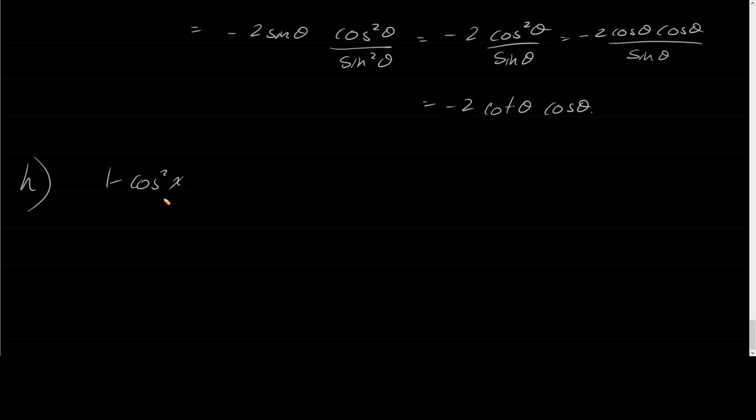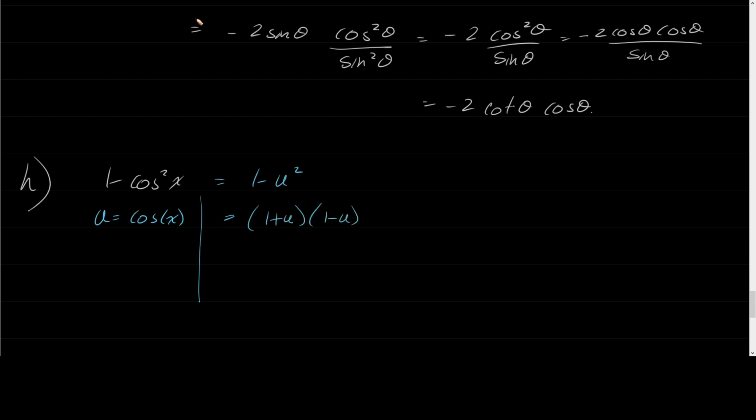All right. If I let u be equal to cosine of x, well, then this statement would simply become 1 minus u squared. But we know how to factor this, because it's a difference of squares, so 1 plus u times 1 minus u.